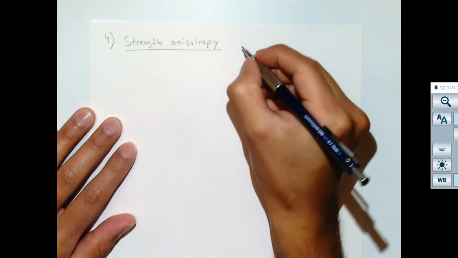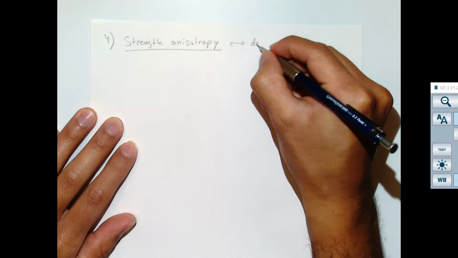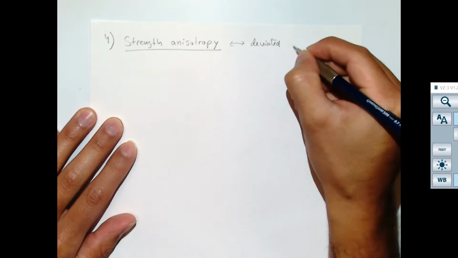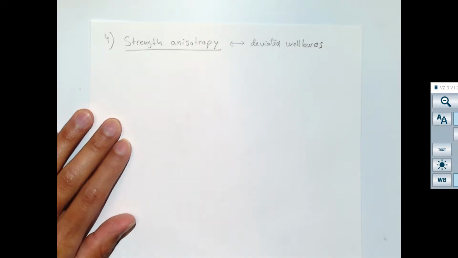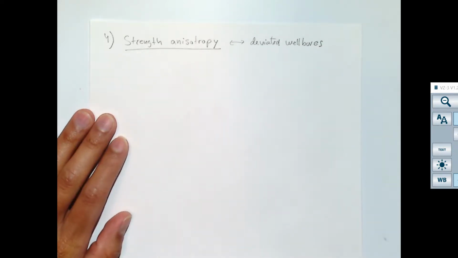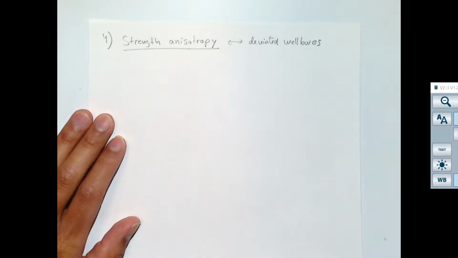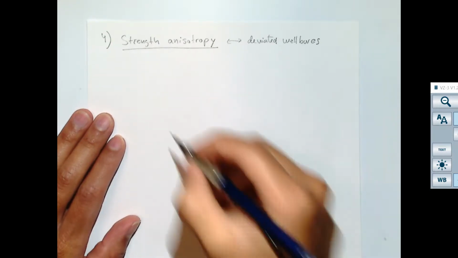And this one particularly applies to deviated wellbores. And probably you remember that we discussed a long time ago the effects of strength anisotropy.